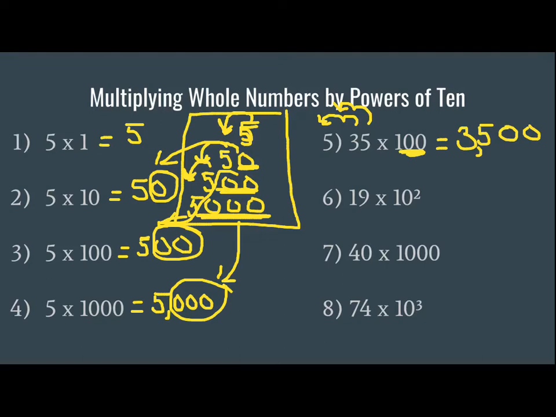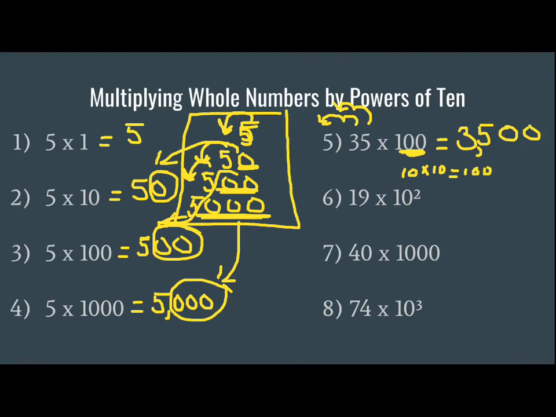Okay, now let's take a look at number 6. We have 19 times 10 squared, or 19 times 10 to the second power. Okay, let's take a look at that exponent, 2. All that is saying is this is 10 times 10, which we know is going to equal 100.